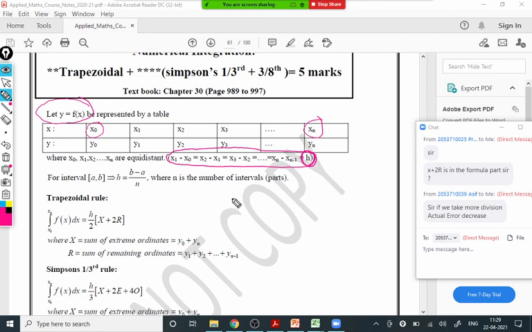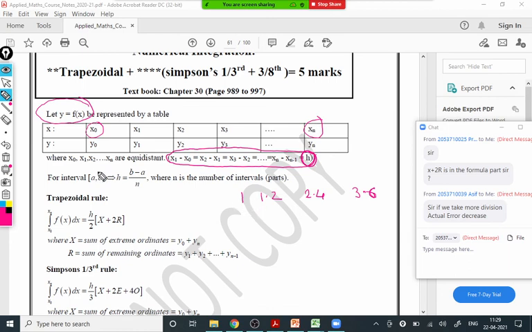Equally spaced means if x0 is like 1 and x1 is like 2.2, then obviously the next should be 3.4, then 4.6. You will observe h is equal to 1.2. You just have to add 1.2 every time and you will get the next value. So that is h.